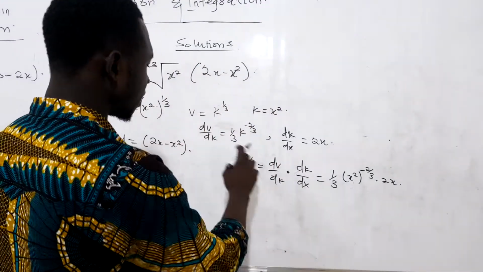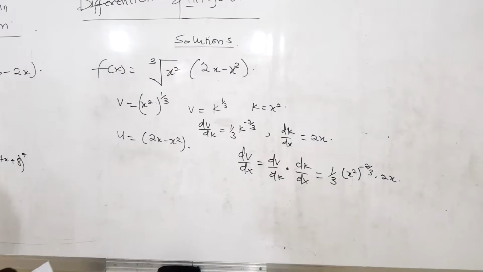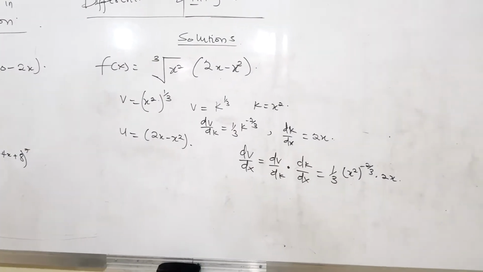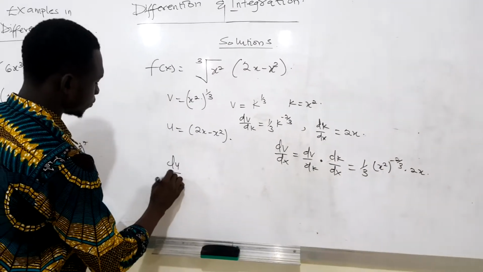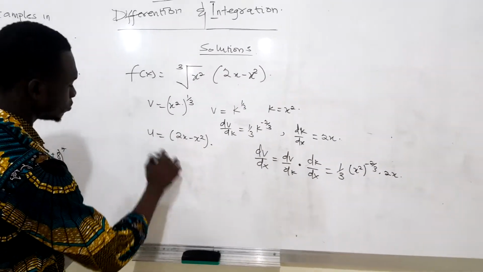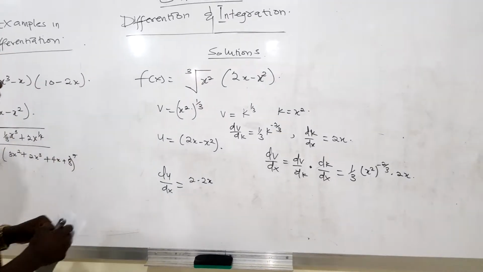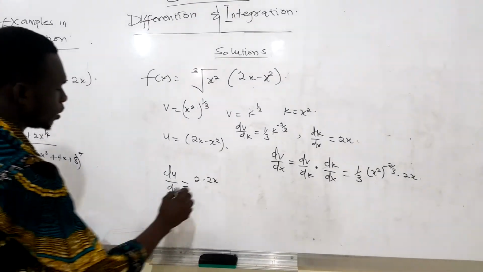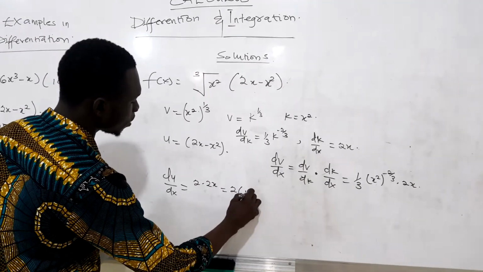So I have gotten the expression for dv/dx using the chain rule. Now, du/dx is simply 2 minus 2x, which can be factorized or simplified as 2 times 1 minus x.